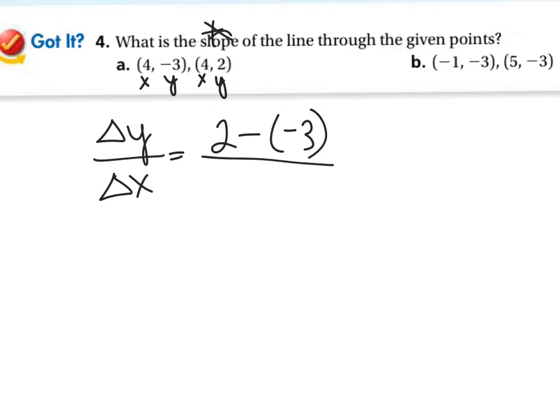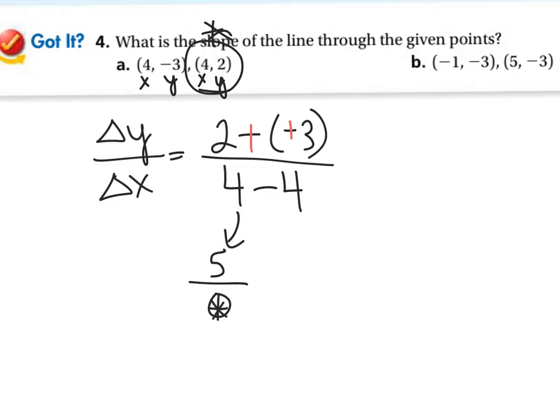Then for the x's, we have to start here, which is 4 minus 4. If you did it backwards, I wouldn't know any different. In the numerator, you can add the opposite. So this would end up being 5 divided by 0. That's our unicycle problem, so this is undefined.